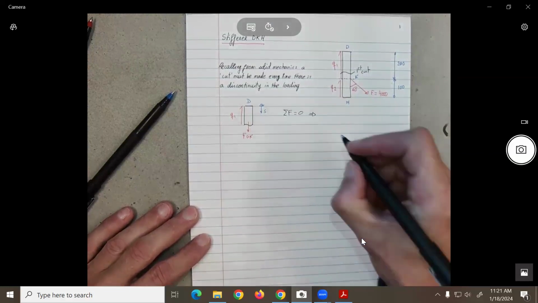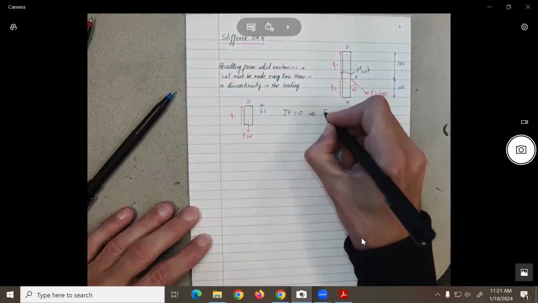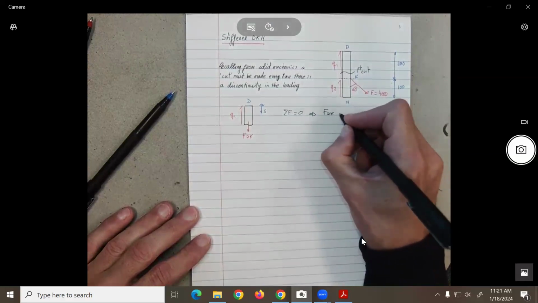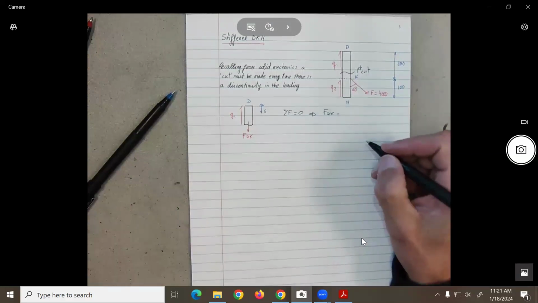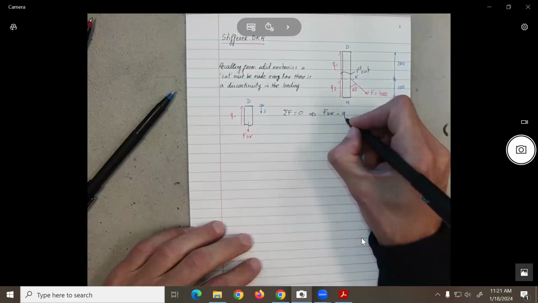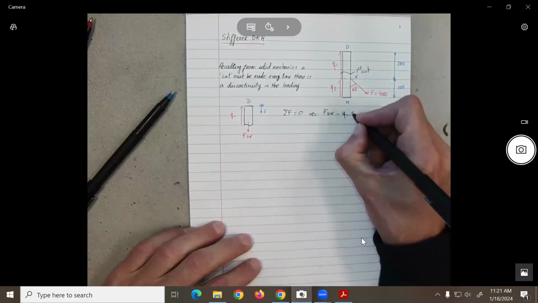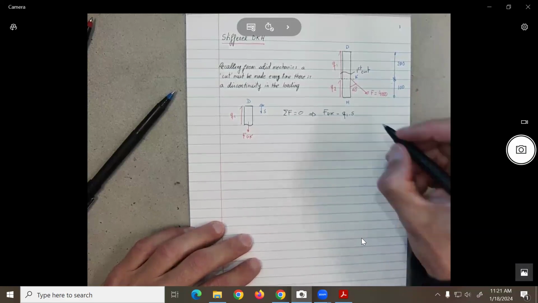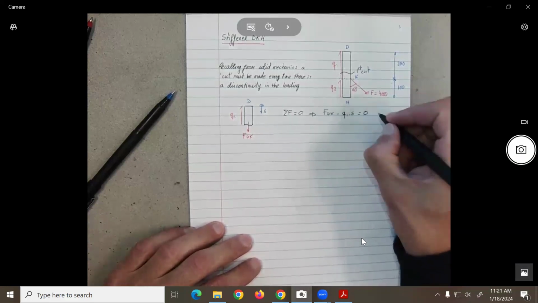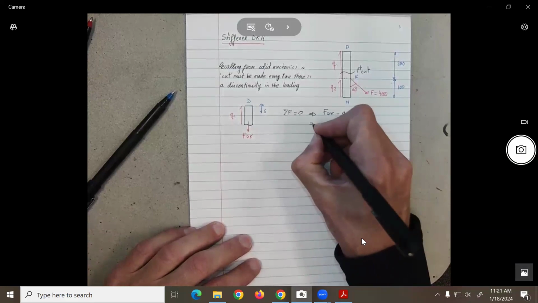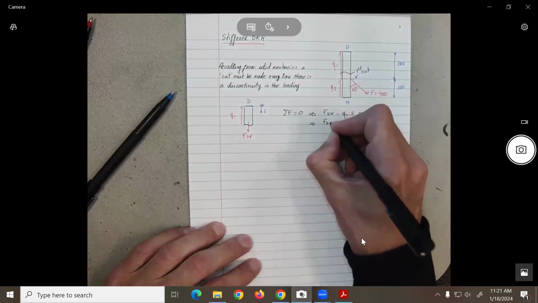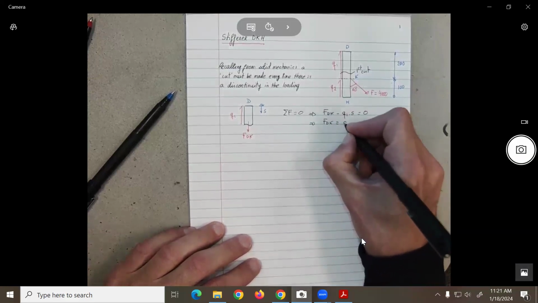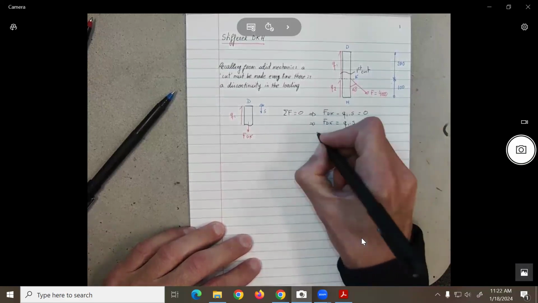What do you get over here? You're going to get FDK minus Q1 times what will be the distance, S. So basically we find that FDK will be equal to Q1 times S.